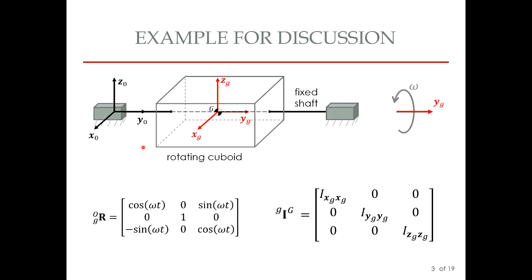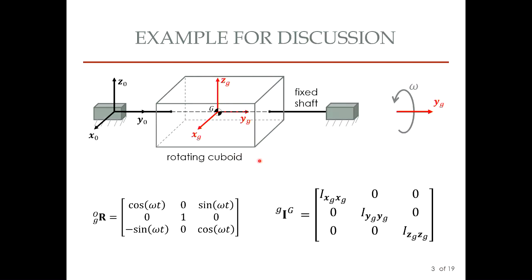We will first need to construct the angular momentum, h. Okay, so h we said could be found by I omega, where omega is the absolute angular velocity of the rigid body. Okay, so we need to find h, then take its derivative to find h dot, then we get the resultant moment that has to act on this cuboid to perform this motion.